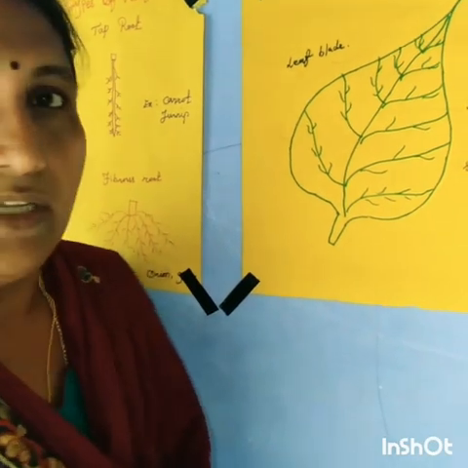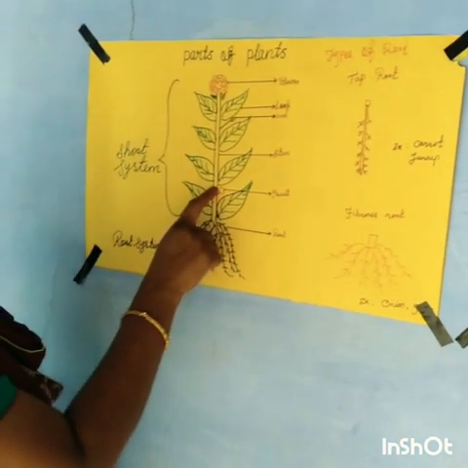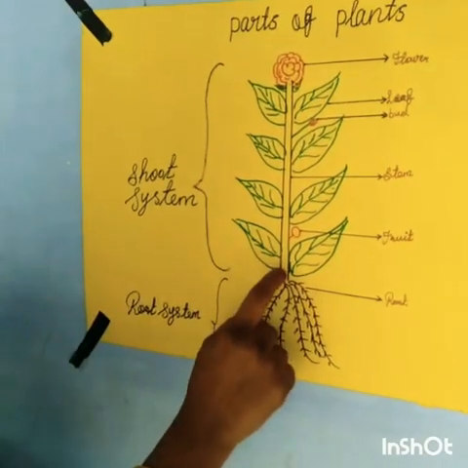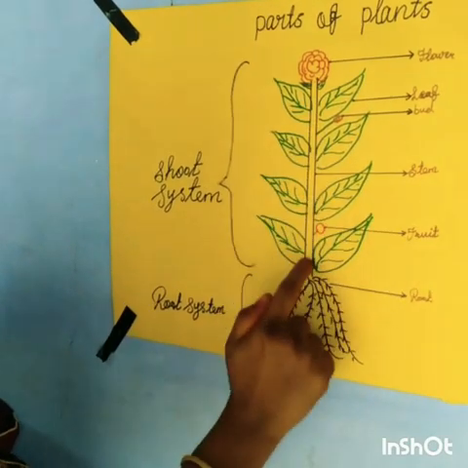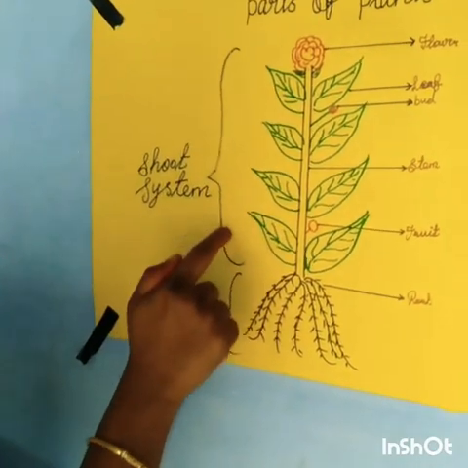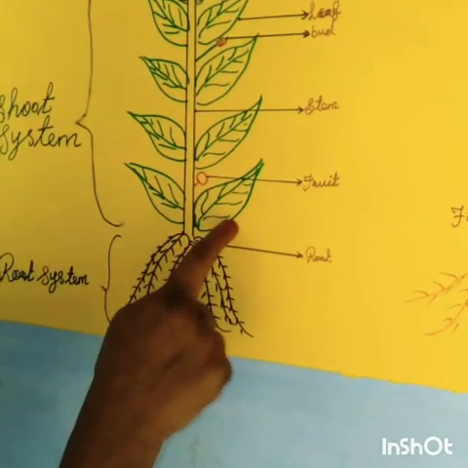Okay, next we go to see the stem. Another part of the plant is stem. This is stem. Stem is the most important part because stem supports the plant.